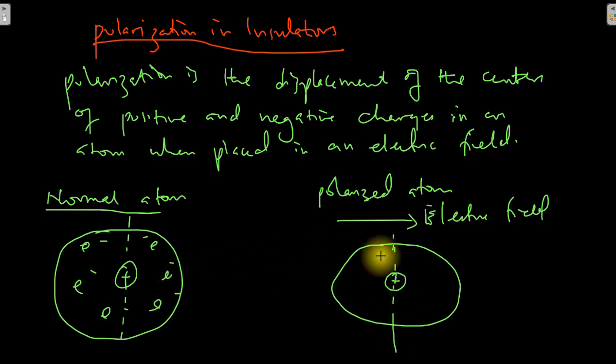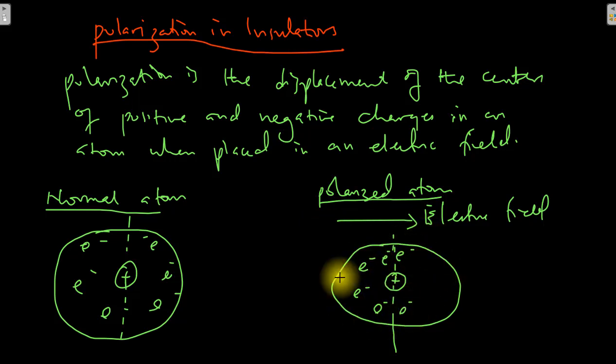and most of the electrons are going to be shifted to this side. So as you can compare the two atoms, in the polarized atom, the center of the negative charges has shifted towards this side because there's an electric field acting in that direction.